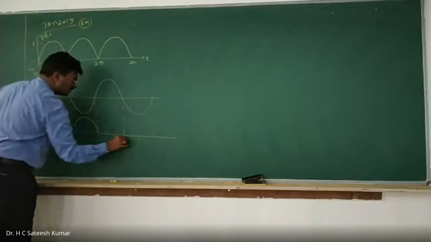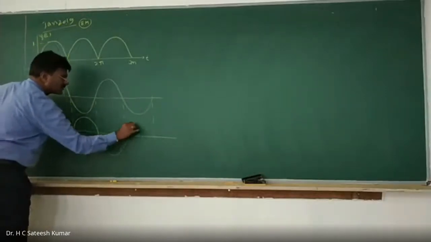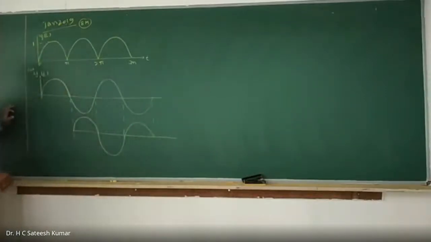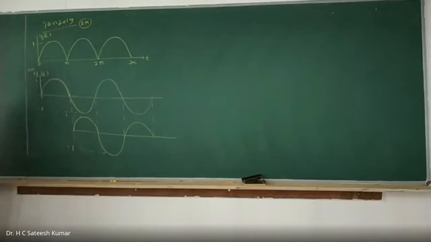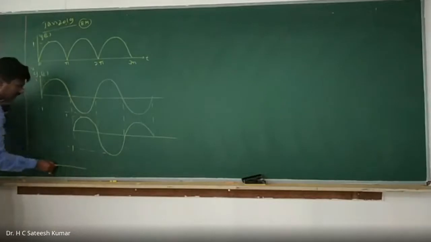I'm adding this kind of function. If you add these two, this is 1, and this is minus 1, and this is 1, and this is minus 1. See that? If you add this one, 0 plus something, you will get it. This one you will get here.